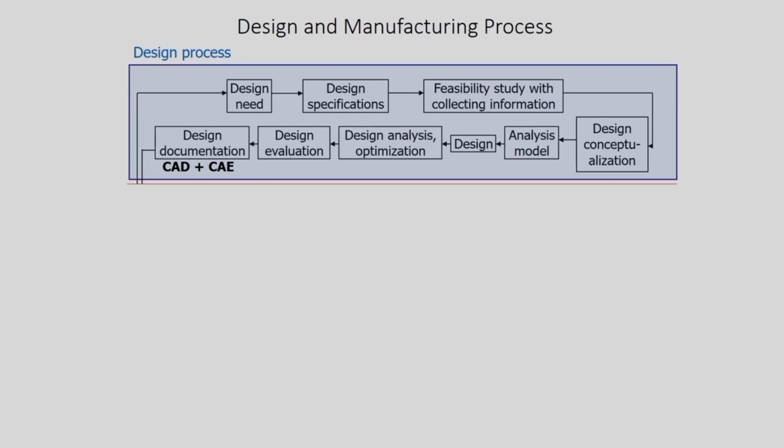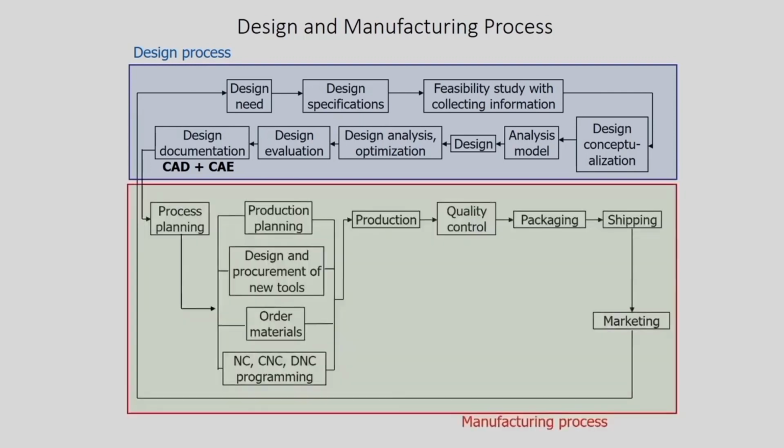All these activities are shown on your screen. In addition to these design activities, there is a set of production activities we need to carry out. These are also shown on the screen.